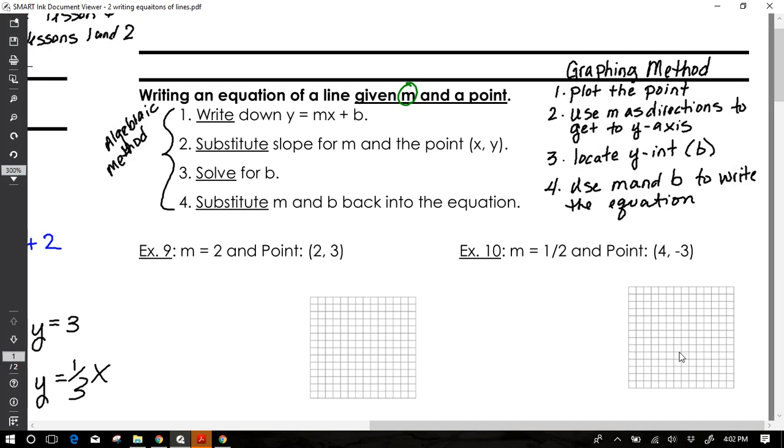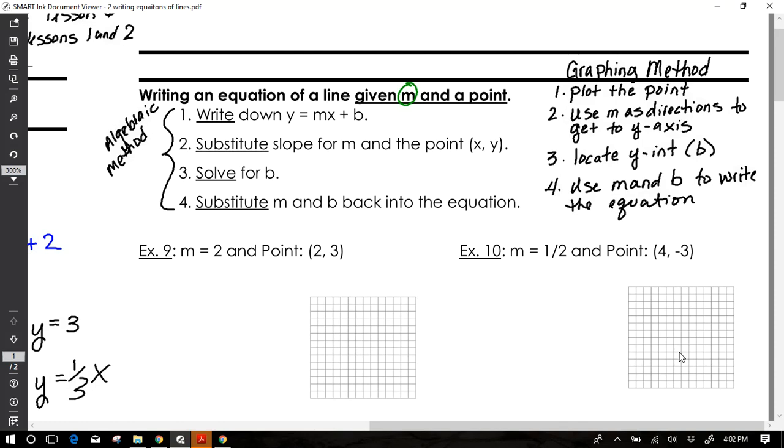There are two different methods that I taught you in foundations, and I want to review both of those methods. The first method that I actually did teach you was the graphing method, so that you could use the graphs in the Cartesian plane to figure it out without having to do as much algebra. And that's a really good fallback method, except for the fact that it does not work 100% of the time.